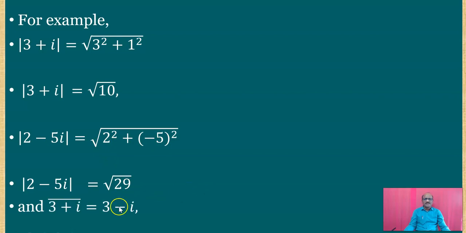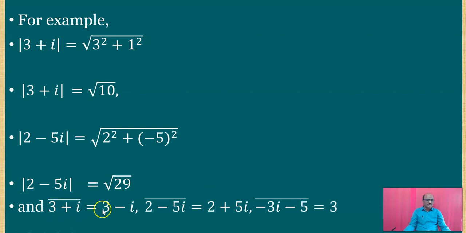And the conjugate of 3 plus i, that is 3 minus i. The conjugate of 2 minus 5i is 2 plus 5i. The conjugate of minus 3i minus 5: change the sign of the imaginary part only, that is 3i minus 5.